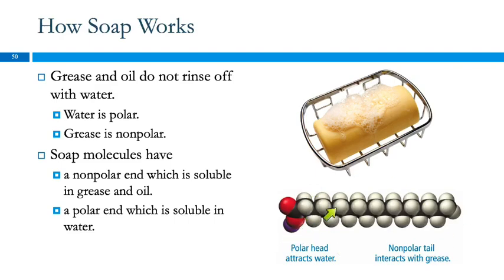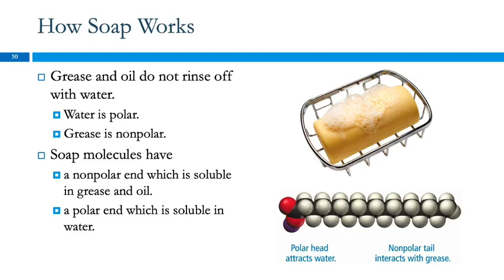So what soap does is it sort of acts as an intermediate, and this is a representation of a soap molecule. So we have this long carbon chain here. This is all carbon bonds in the middle with each other, and then hydrogens. Now, carbon and hydrogen is the one pair of nonmetals that I said I want you to remember. Those are nonpolar bonds. So all of these bonds down here are nonpolar. Up here, we have a polar head. We've got a carbon and two oxygens here.